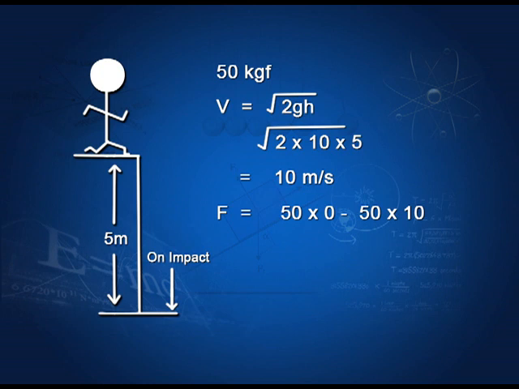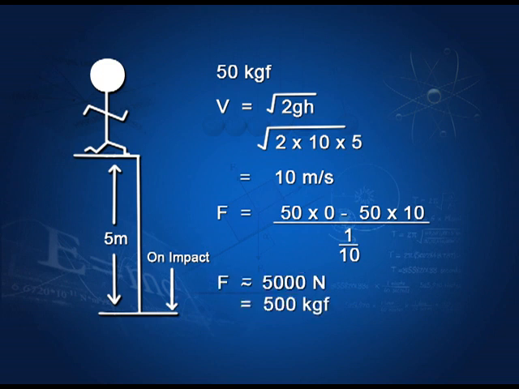Supposing he just lands on the ground with his feet up, then this is going to be say 1 upon 10 seconds, and the force comes out to be approximately 5000 newtons, which is equal to about 500 kgf, 10 times his body weight.